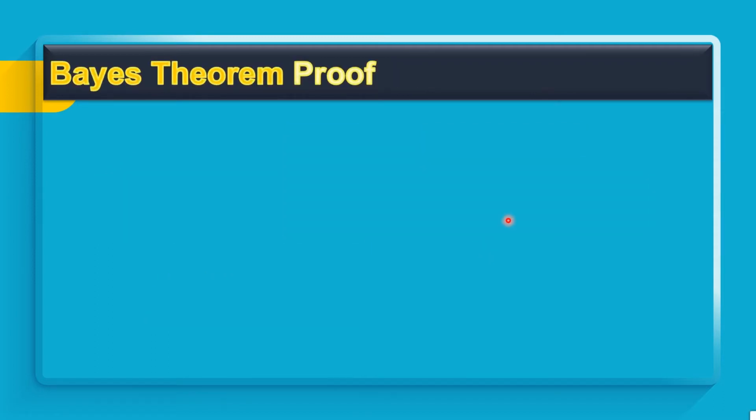Now let's look at the proof of how this Bayes theorem evolved.